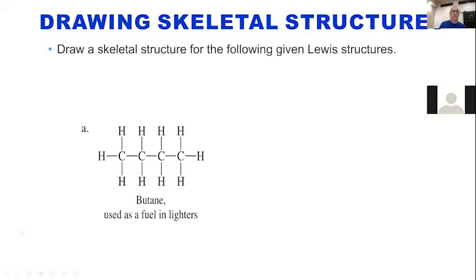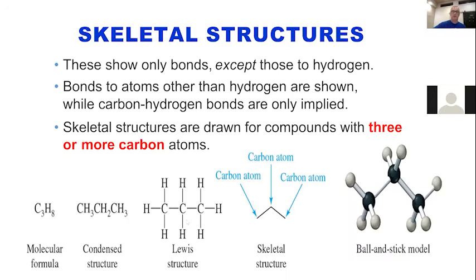Let's look at an example. So basically we just did this one. So this would be pretty simple to do. So butane. So remember, every line is a carbon-carbon bond. So we basically start low and go up.